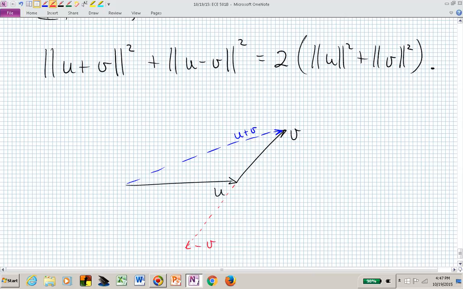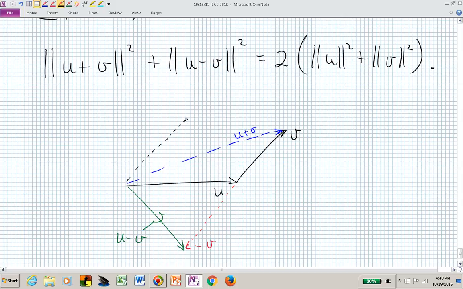And so now u minus v is right there, isn't it? This is u minus v, but this is looking pretty ugly, but I hope you can sketch it better than I can.